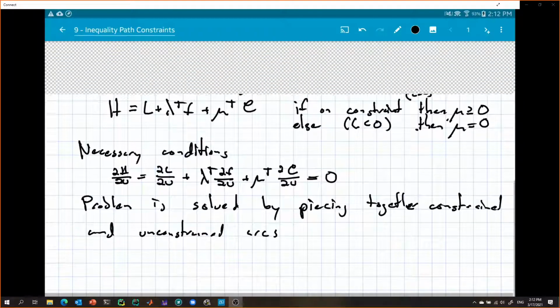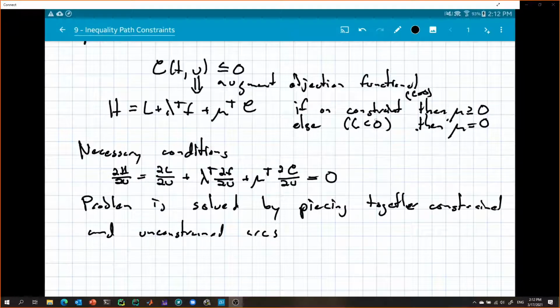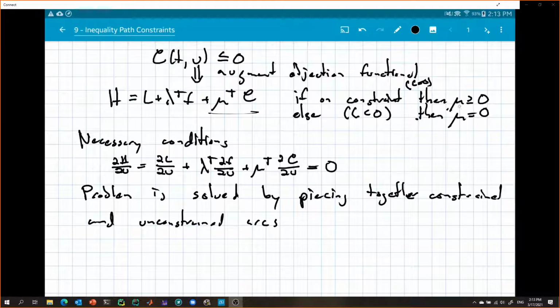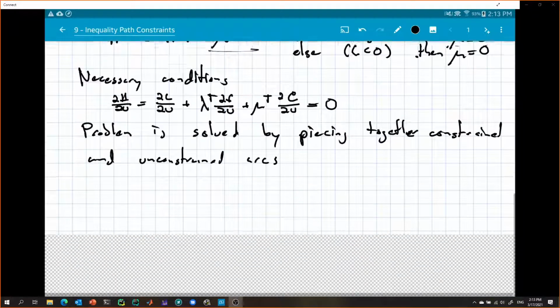So if you go back up here, if this C is less than 0, that means that the constraint isn't active. And if mu is equal to 0, the Hamiltonian is the same, meaning the problem is acting like it's unconstrained. Only when mu is some positive number are we actually on the constraint boundary.